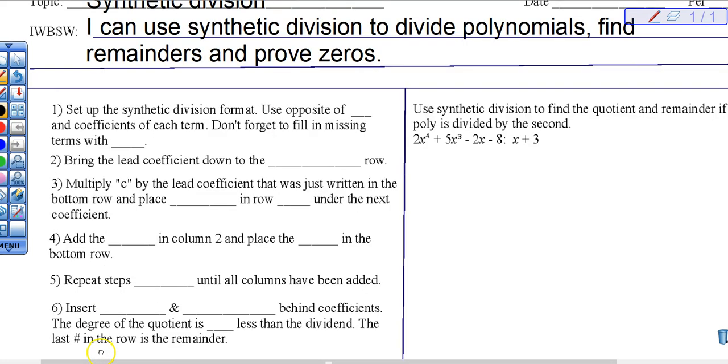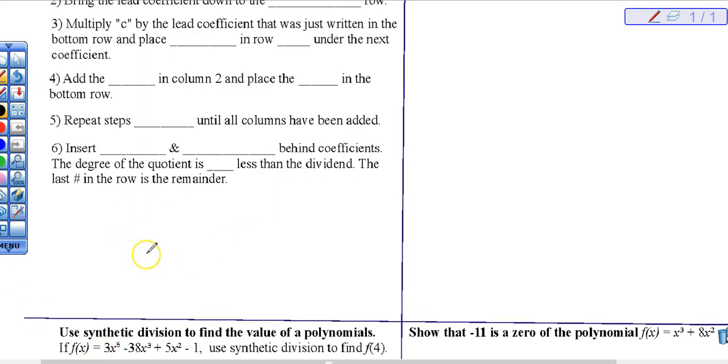with your red pen, in this little section underneath step 6, let me just point something out. Synthetic division does not work in every circumstance. It's just like if I ask you to find the zeros of a quadratic.